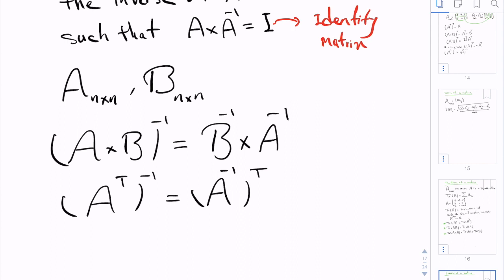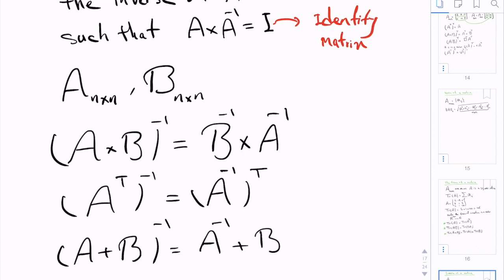And also, for the sum of two matrices, A plus B inverse, you can invert the first matrix and then subtract a term involving B inverse. These are some properties of the inverse.